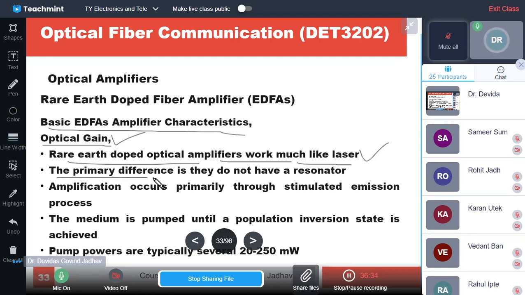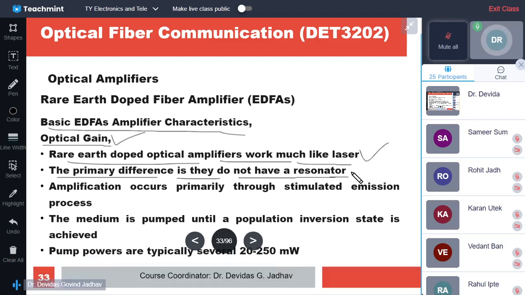The primary difference is that they do not have a resonator. So even though they have laser action, they do not have a resonator. Fabry-Perot resonator is not there. It is a rare earth doped fiber amplifier.